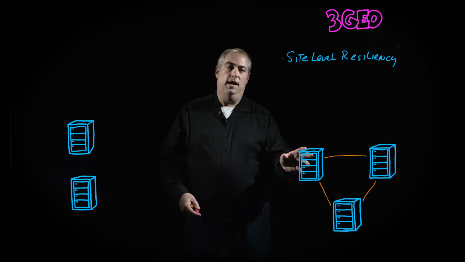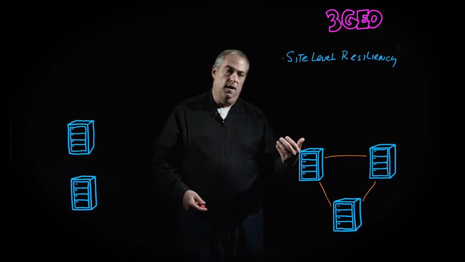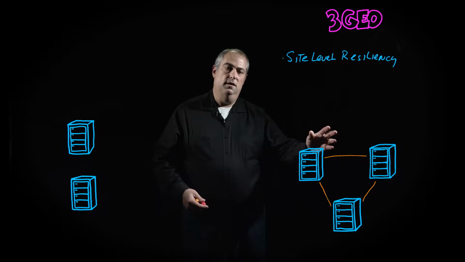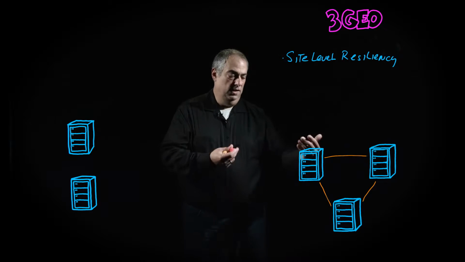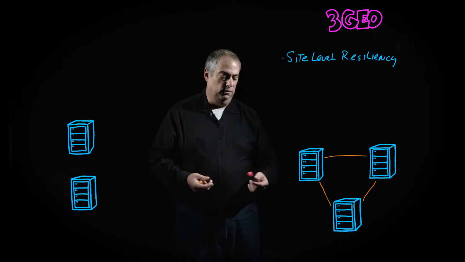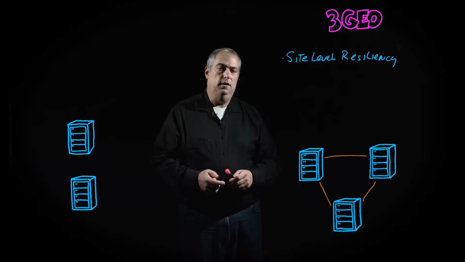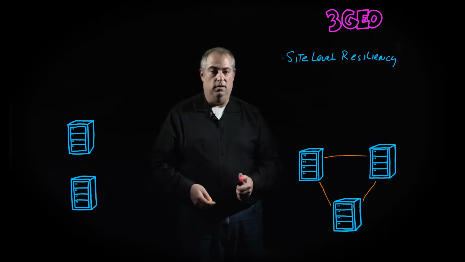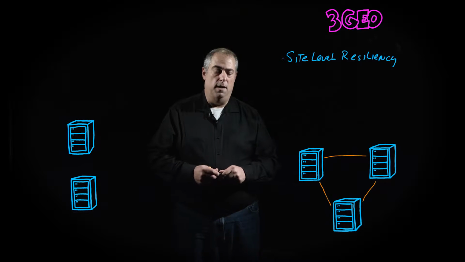And when that third site, that site that went down, comes back up, it rejoins the mesh, and everything comes back up to full availability and full durability. So it's really a high availability deployment model for our Active Archive object store.